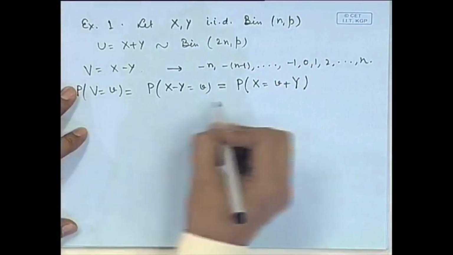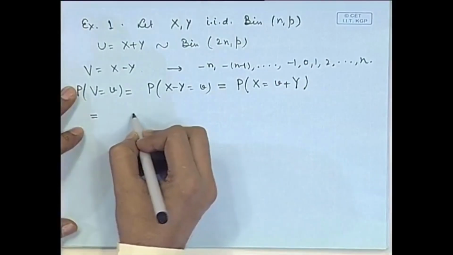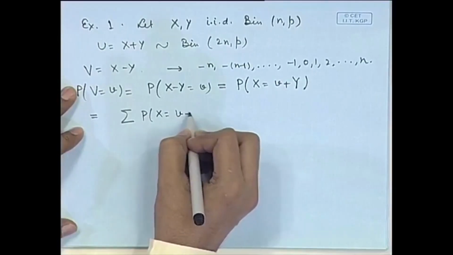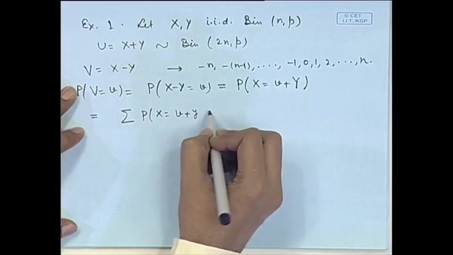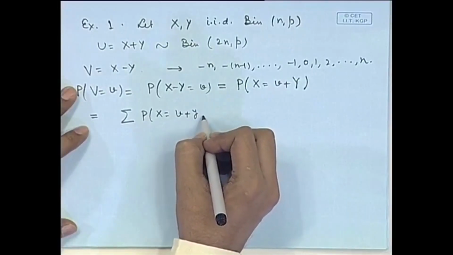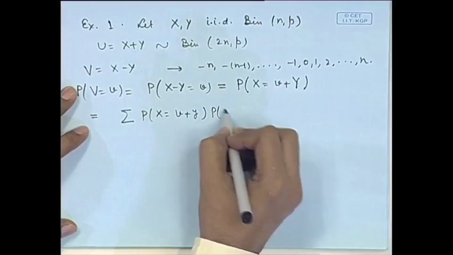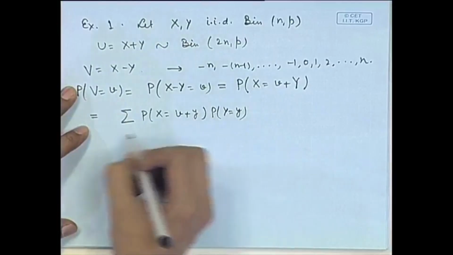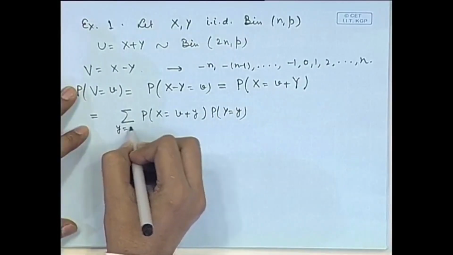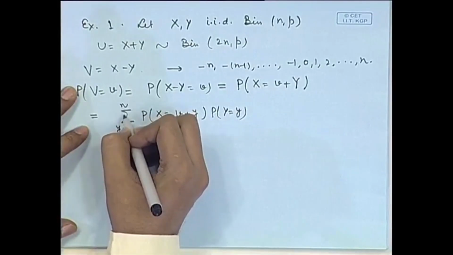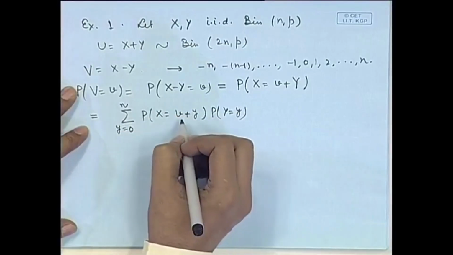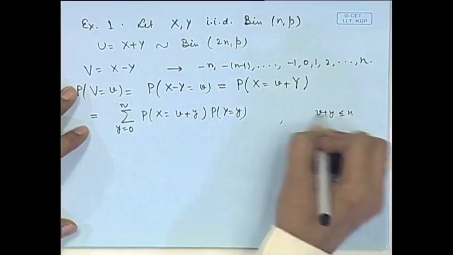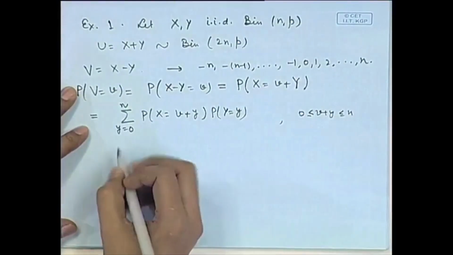So, we can use the theorem of total probability here and write it as probability X equal to v plus y into probability of Y equal to y. This is because of independence I can split, for y equal to 0 to n. Now, this is subject to the condition that v plus y is also lying between 0 and n.